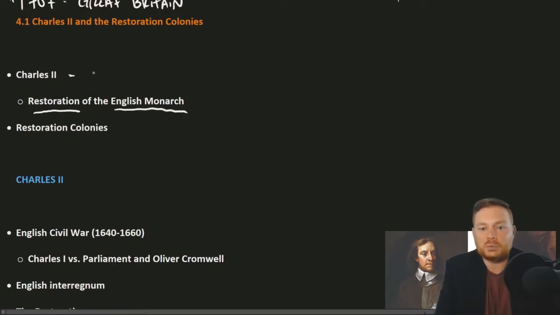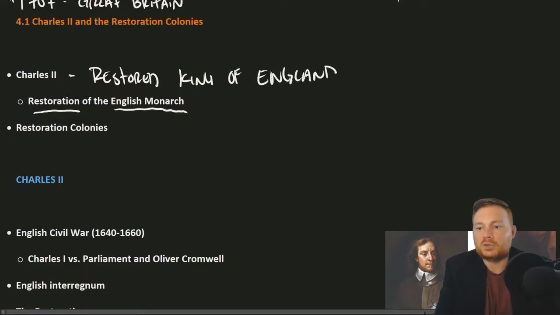Charles II, we will call him the restored King of England. And if you don't recall the entire backstory behind it, we'll go through it in a second. But after Charles is restored as the King of England in 1660, he creates a number of new colonies. We refer to these as the Restoration Colonies.